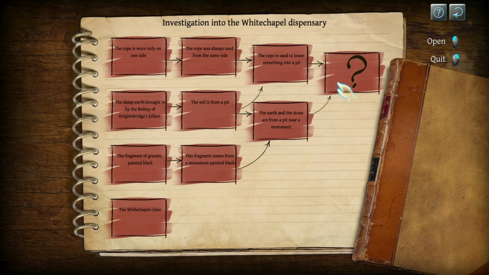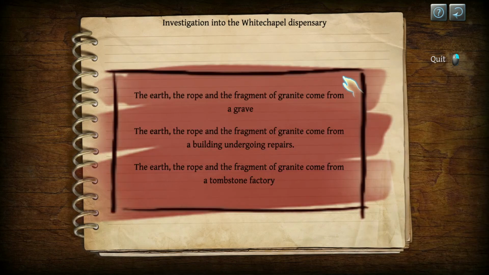And last but not least, the earth, rope and the fragment of granite came from grave. That could be it. The earth, rope and the fragment of granite come from building undergoing repairs. Oh. The earth, rope and the fragment of granite come from tombstone factory.